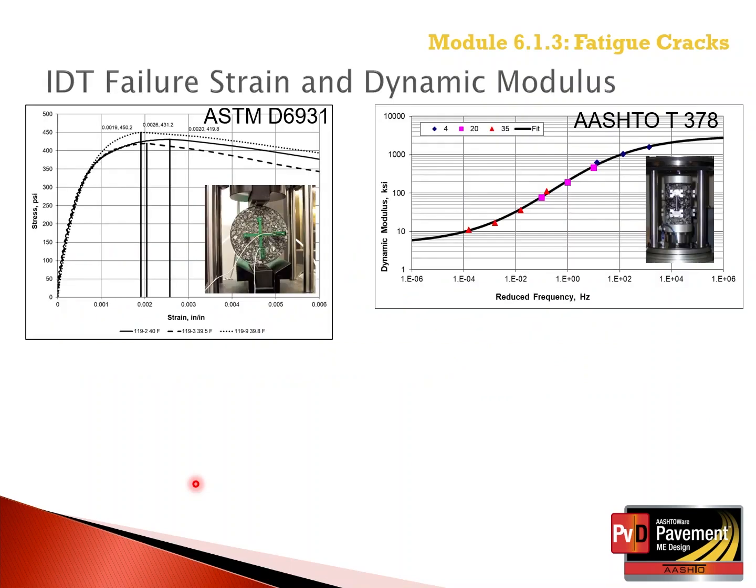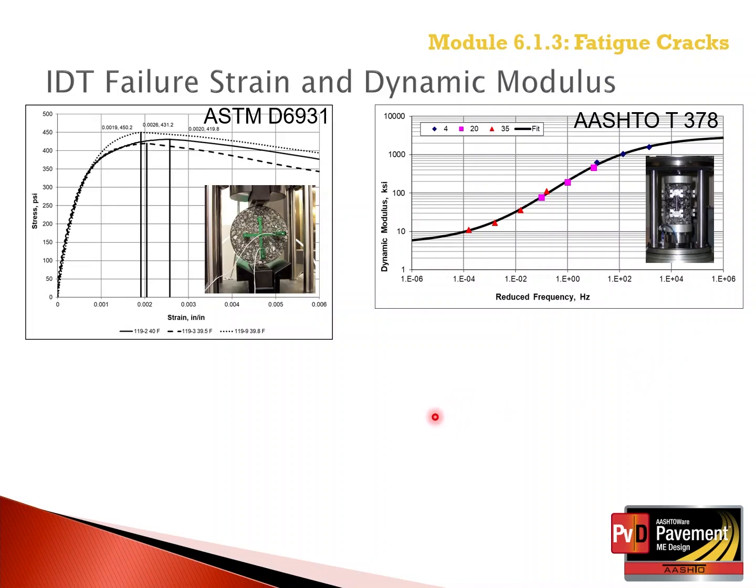The indirect tensile strain at failure, measured from an indirect tensile strength test, strain versus stress, and the dynamic modulus of an asphalt mixture measured in the laboratory, are the two parameters used in estimating the fatigue strength coefficients.